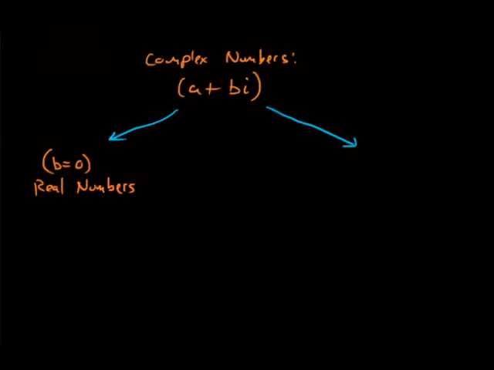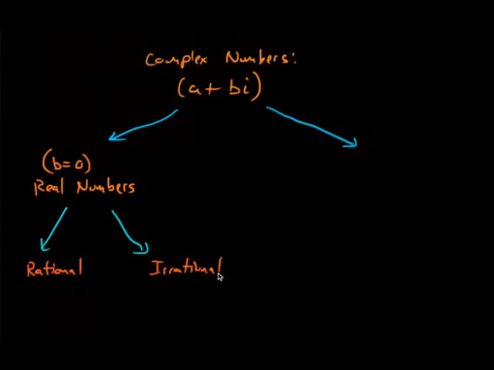All right, and of the real numbers, I can break this down into even more subsets if I wanted. But of real numbers, we have rational numbers, which can be written as fractions, right? And we have irrational numbers, which are like the square root of 2, right? An infinitely long non-repeating decimal, like pi or e or square root of 7, stuff like that.